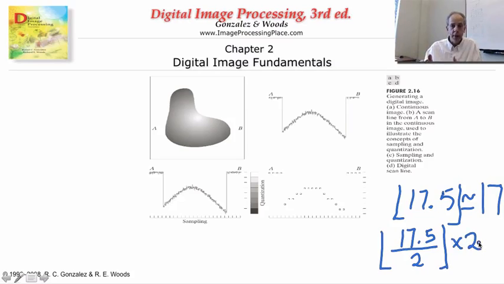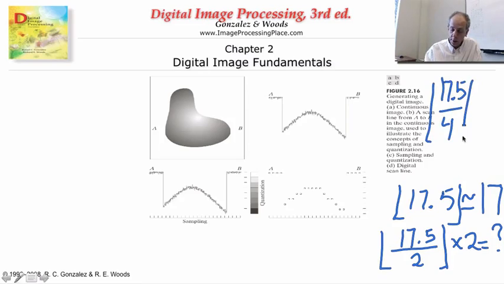So basically we divide it by 2, then we round, and then we multiply by 2. And I'm going to just ask you, as a very simple exercise, what's this value? And what will happen if instead of dividing by 2, we divide by 4, round down, and then multiply by 4.